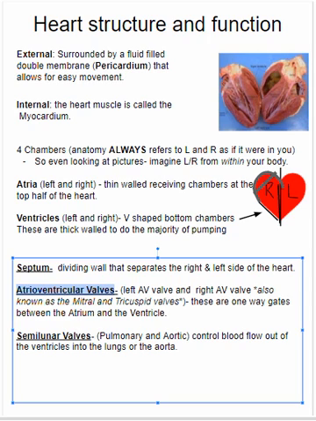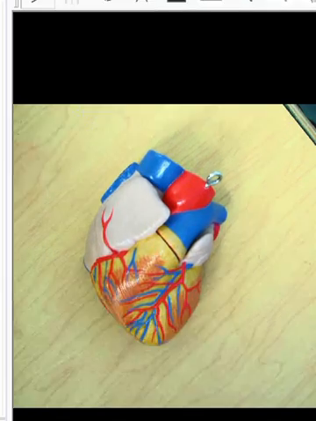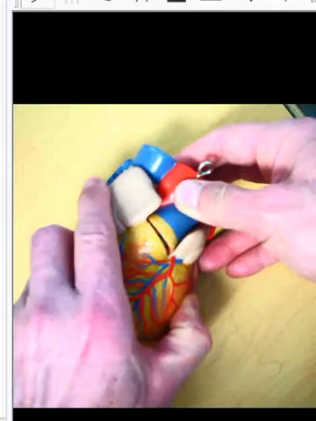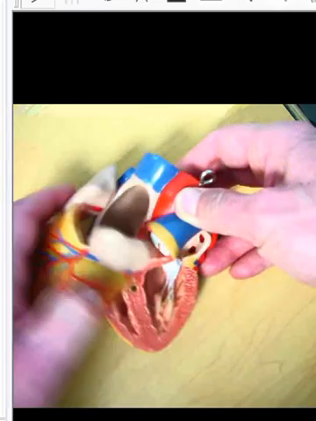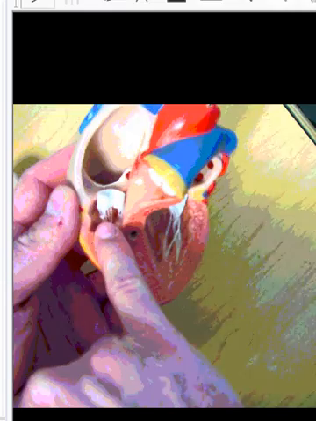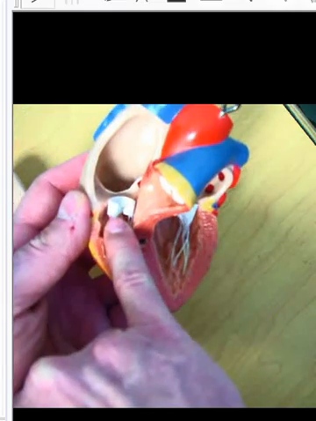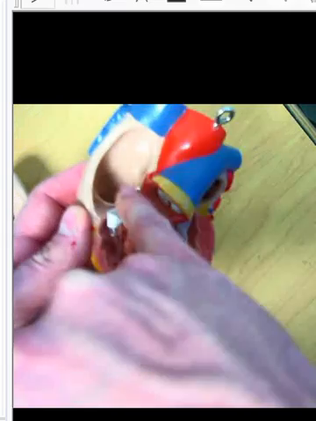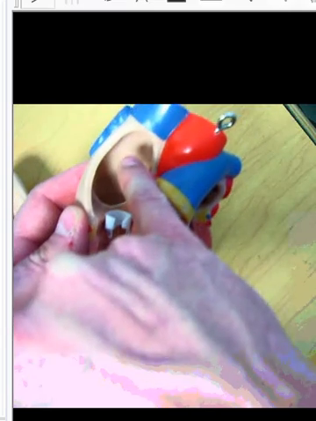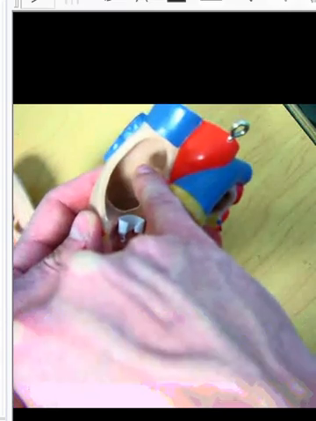I'm going to bring my picture back over here again because if I open this heart up, we can actually see those valves in the heart. So this is the right atrioventricular valve, and up here would be the right atrium.